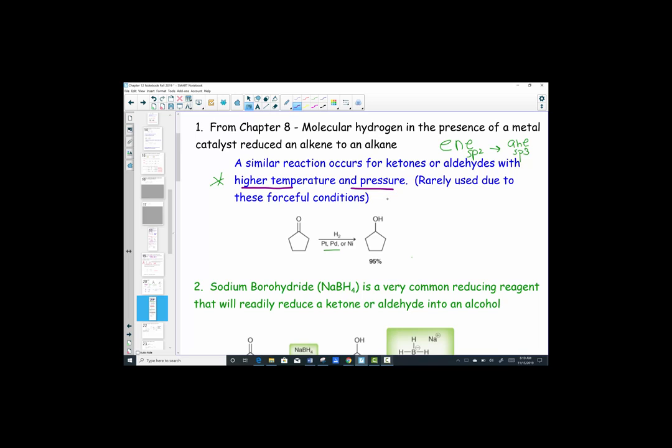So although we can force the reaction, it's very rarely used in an actual laboratory because of these forceful conditions. But just to remind ourselves, hydrogen is an indiscriminate reduction agent, and any pi bond becomes reduced in its presence. So reduction. Here we started with a ketone and turned it into an alcohol. With very high pressure, very high temperatures, we can use molecular hydrogen in the presence of a metal catalyst.